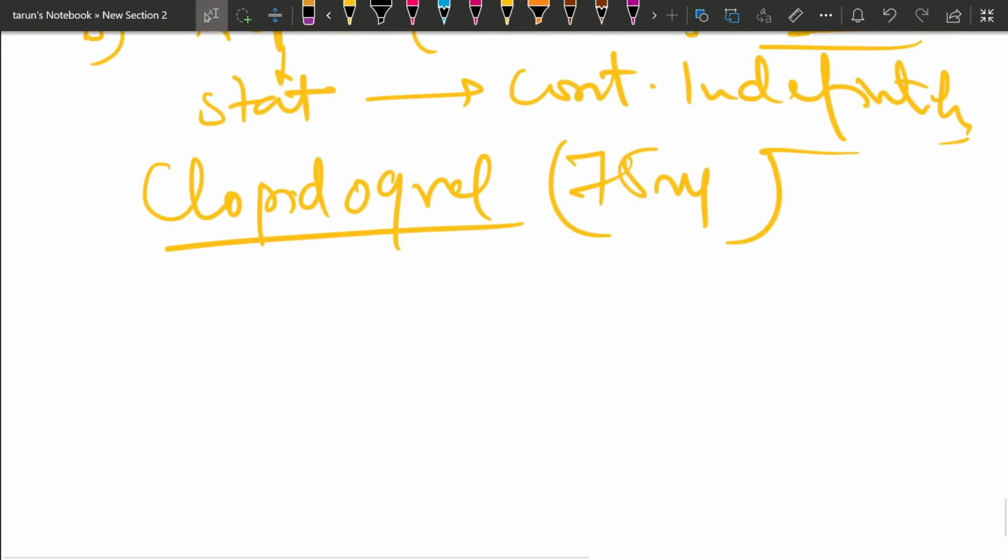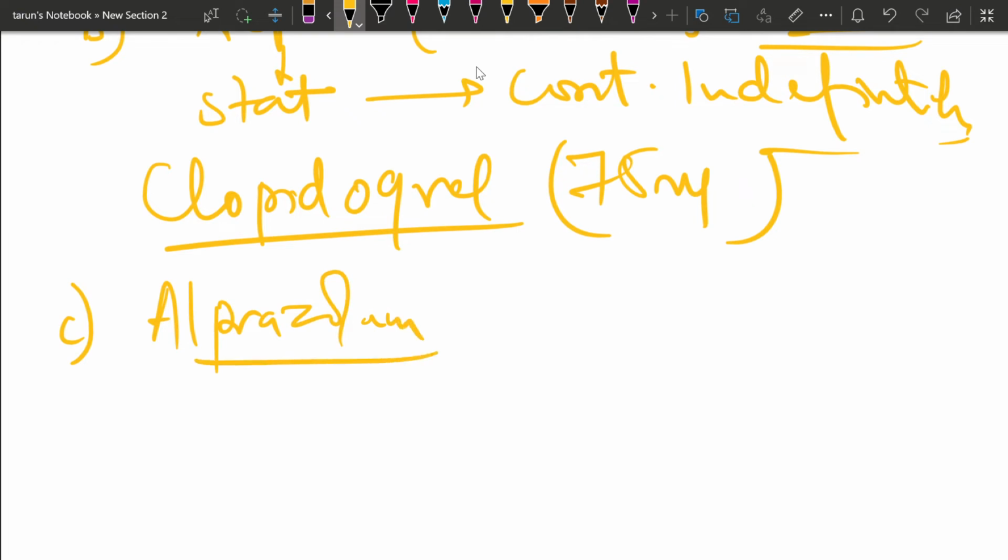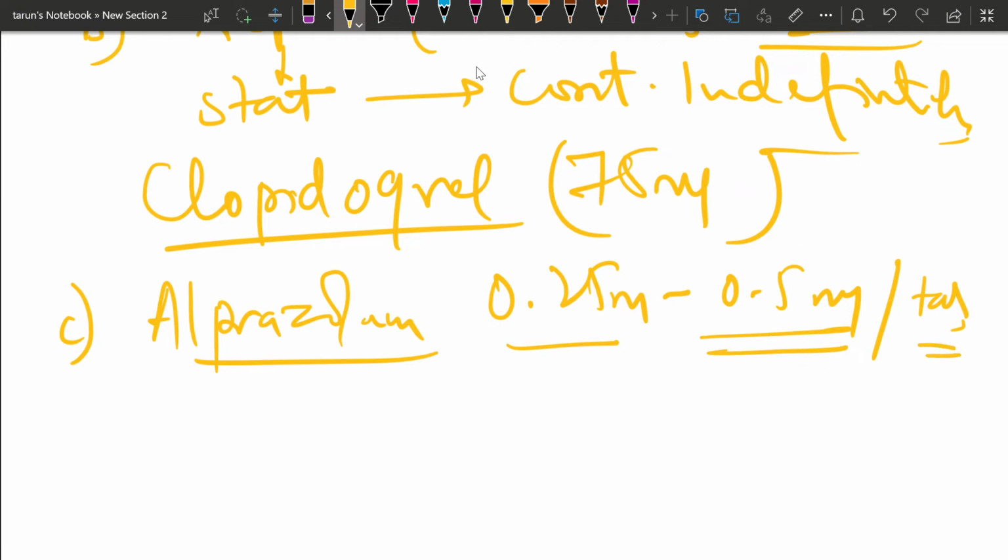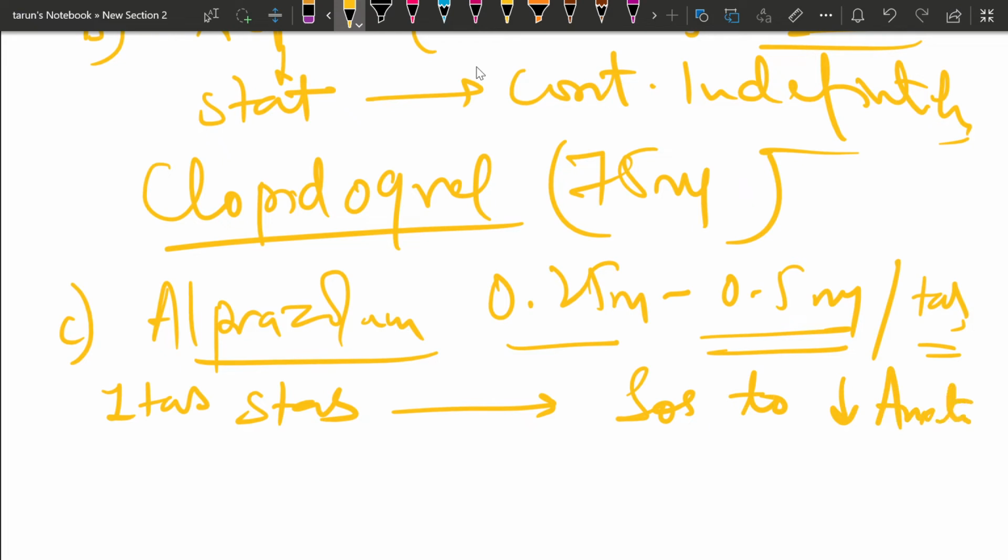Aspirin and clopidogrel. For anxiety, you can give alprazolam. The dose is 0.25 to 0.5 milligram per tablet. You give one tablet stat and then repeat SOS to decrease the anxiety.